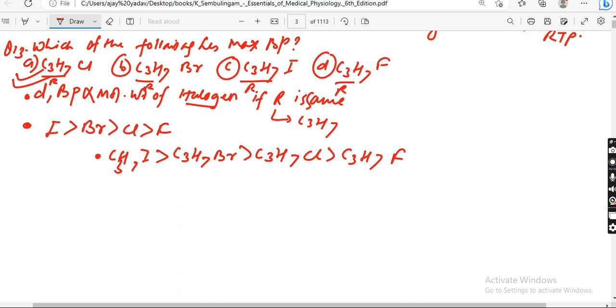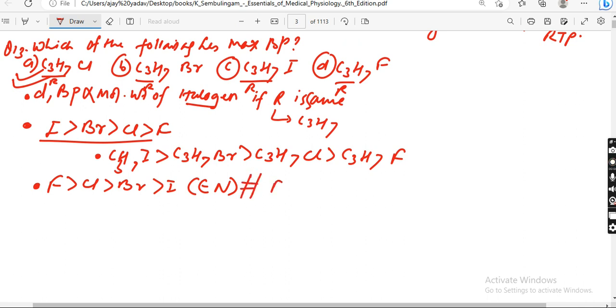If you have to say the electronegativity order of this one, then the electronegativity order is fluorine, chlorine, bromine, and iodine, right? We have to compare dipole moment among these.